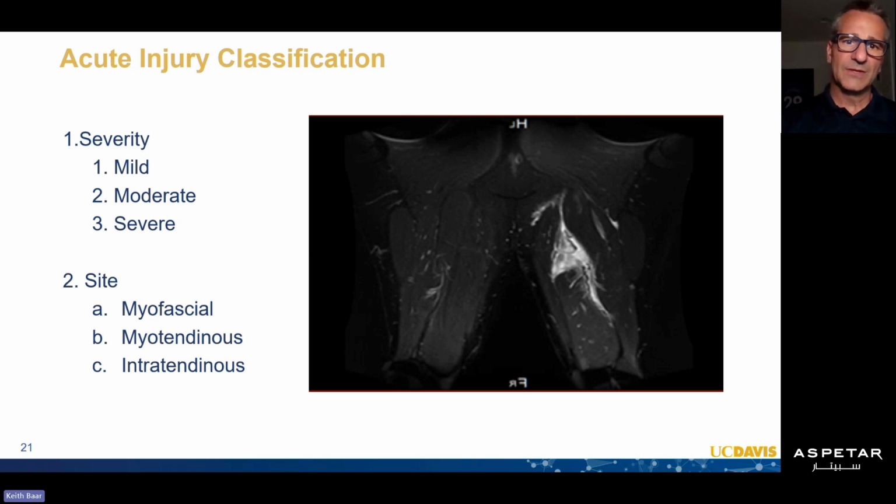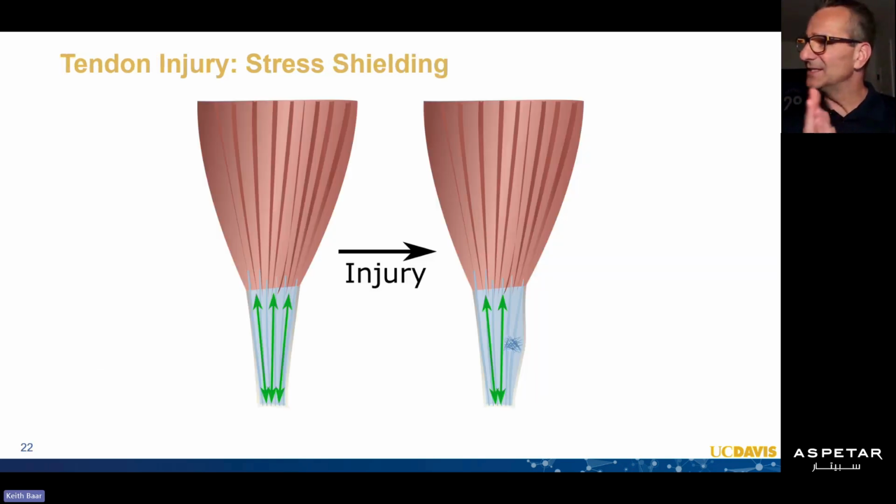Okay, so when we have a tendon injury, we get a process based again on the fact that the tendon is viscoelastic. We get this area that's been injured, and it doesn't matter how small or big it is. We all have these little bits of tendon that are injured, and the tendon that's injured actually doesn't get loaded.